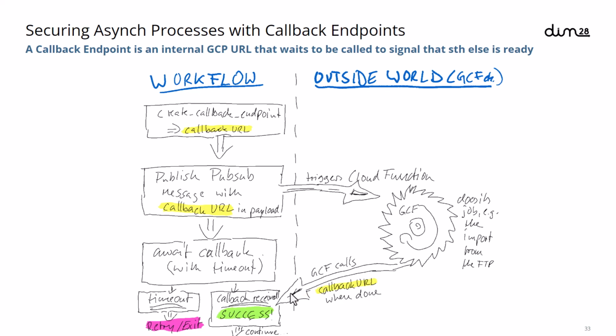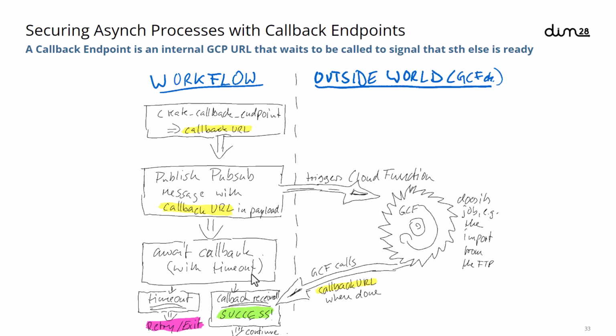So when it's done and everything has worked well, the Cloud function calls the callback URL. So in the workflow, what we do after we publish the pop-up message, we start a step called await callback, and with this await callback step, we specify a timeout.